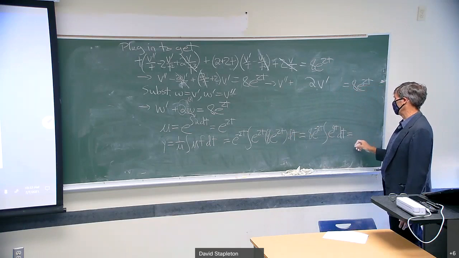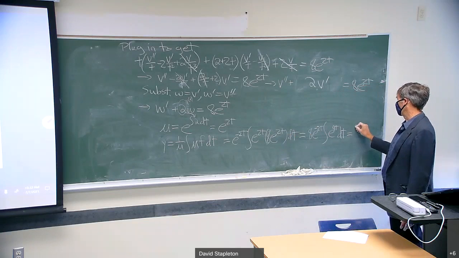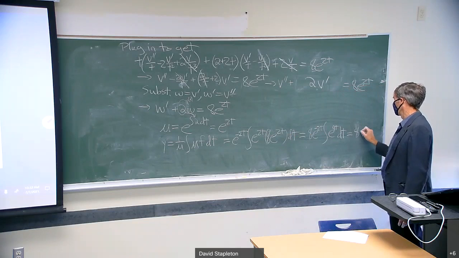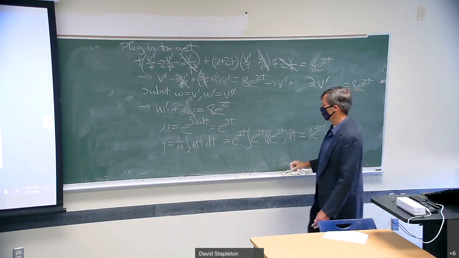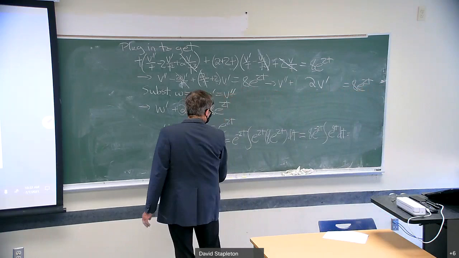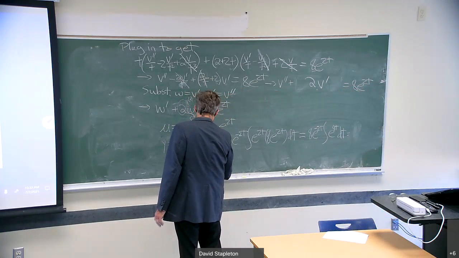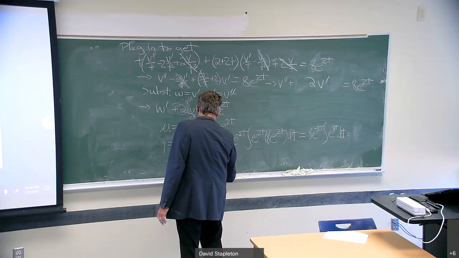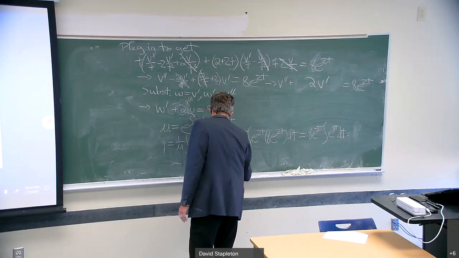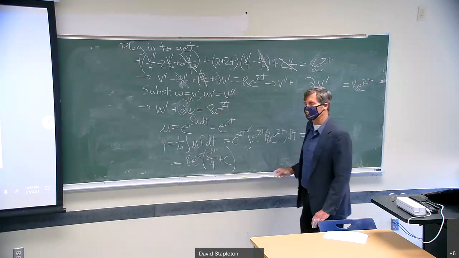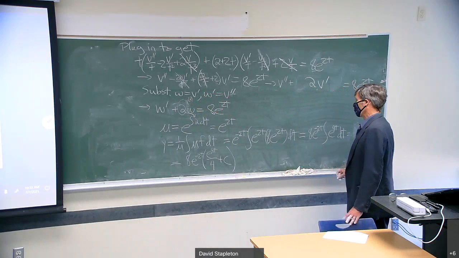The integral of e to the 4t is easy, it's e to the 4t over 4. Plus an arbitrary constant. This one you do have to keep, or you won't get all solutions. Call it C1.